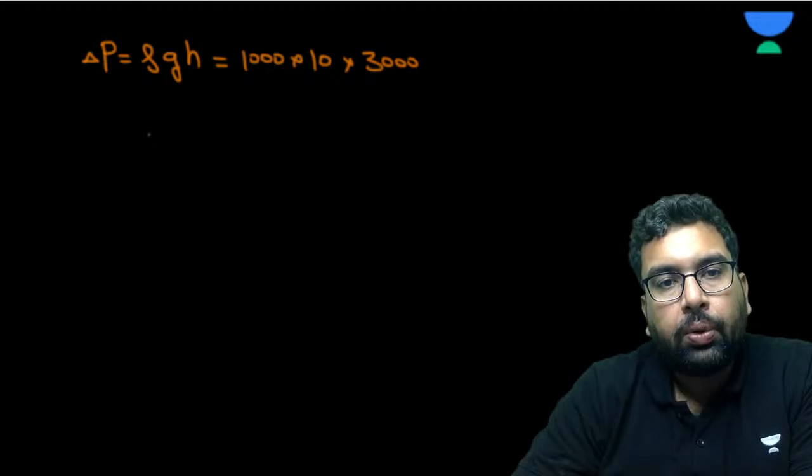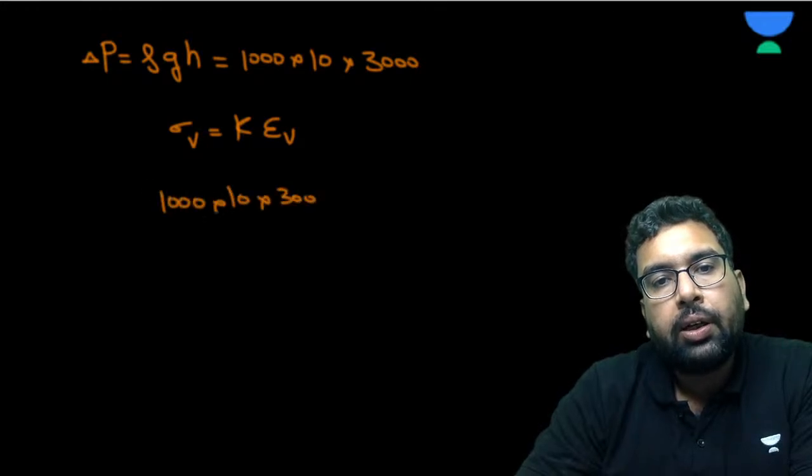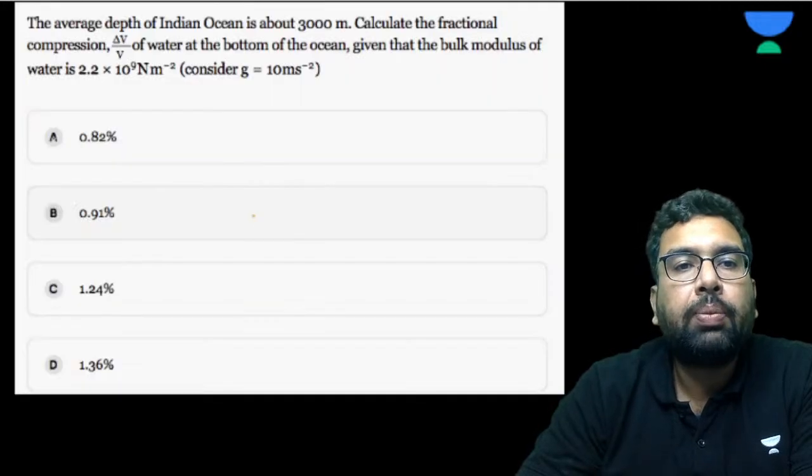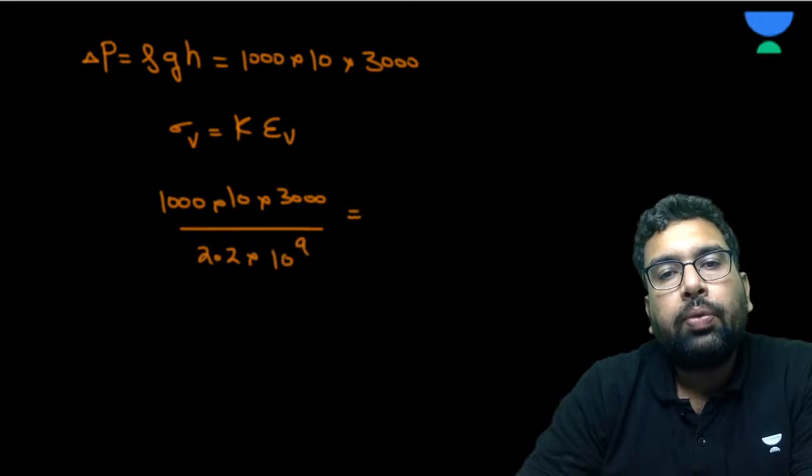And we know that the volumetric stress is proportional to volumetric strain. So volumetric stress is 1000 into 10 into 3000, divided by the bulk modulus. The bulk modulus is 2.2 into 10 to the power 9. From here we get the change in volume upon original volume.